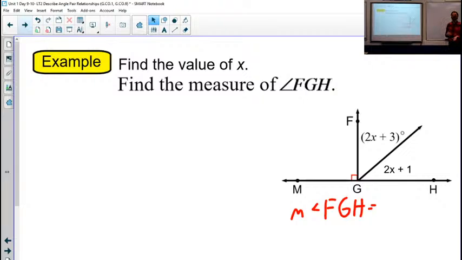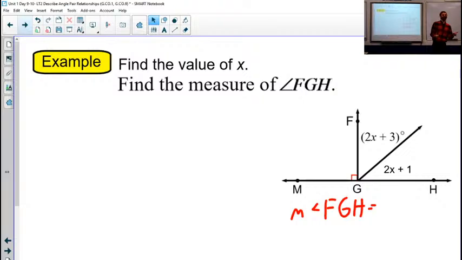Because it doesn't actually tell you what FGH is, but we should be able to figure it out. Exactly what it measures. Because there are other measurements that it does tell you. And more importantly, you should be able to tell me why.